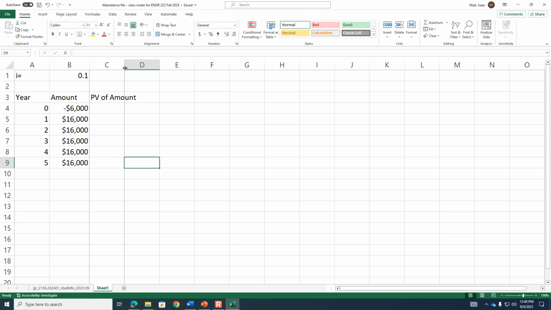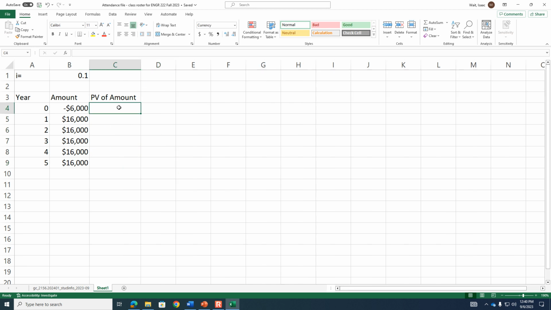All right, so to find the PV of the amount, I'm going to use a function that's built into Excel called equals PV. And when I click the parentheses arrow, it's going to start prompting me for what it needs to know. So it needs to know the rate, it says. So I'm going to click here on the location that says rate, and I'm going to anchor it by pressing the F4 button. When I press the F4 button, it's going to put dollar signs in front of the B and the 1.